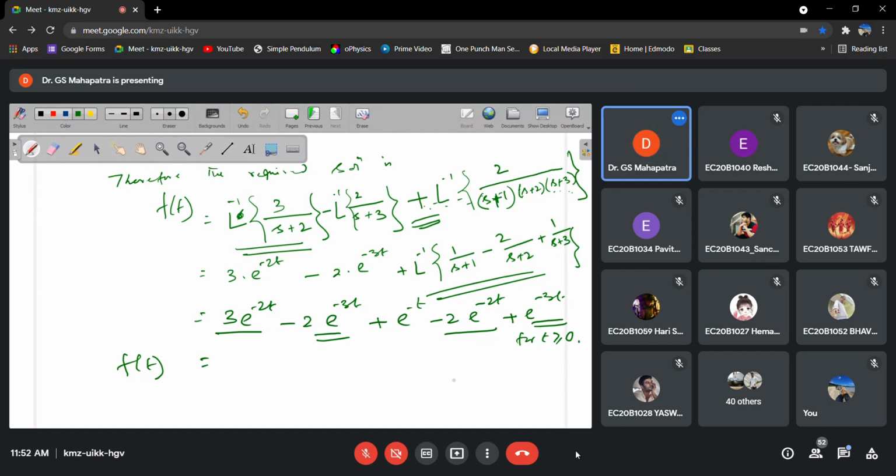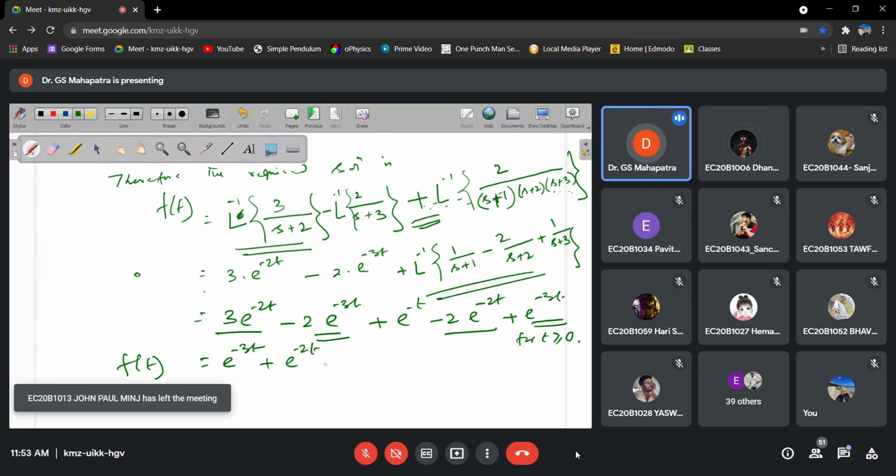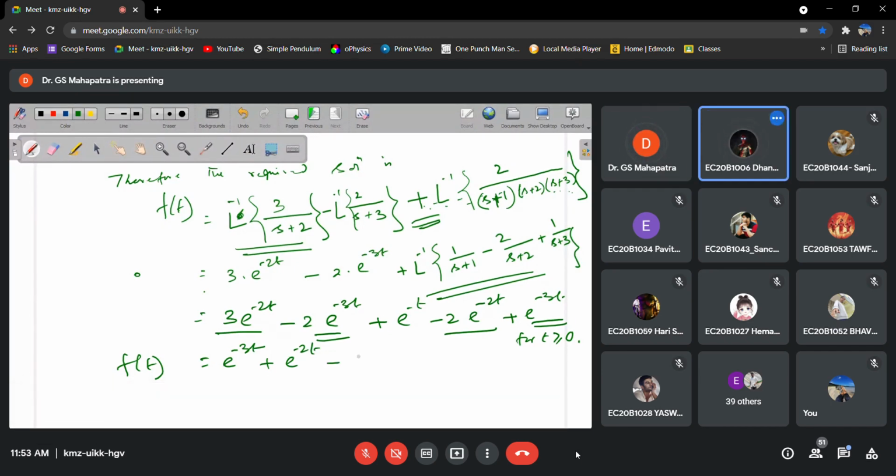Final answer: f of t, the solution of the ordinary differential equation, equals e to the power minus t minus 2 e to the power minus 2t plus e to the power minus 3t, for t greater than or equal to 0.